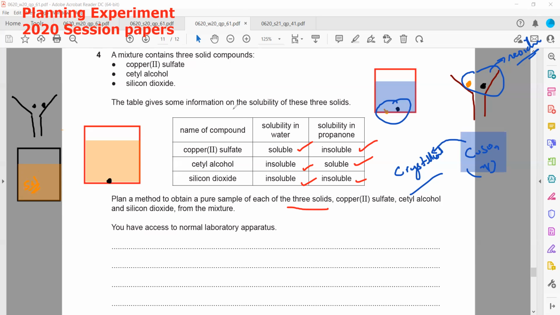So the steps we should take to separate copper sulfate, cetyl alcohol, and silicon dioxide: we will add water to the mixture and swirl or stir the mixture.